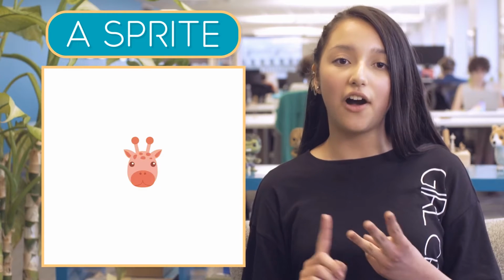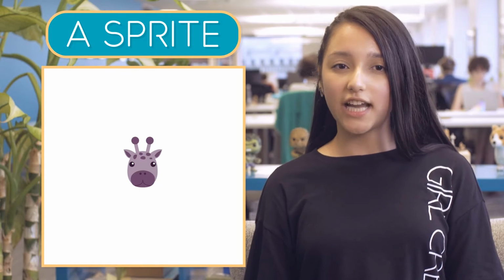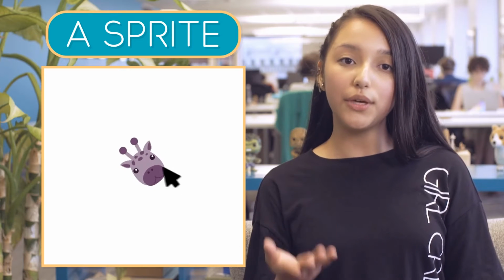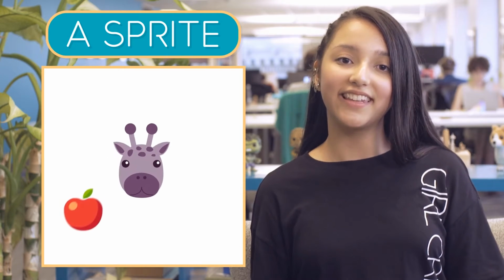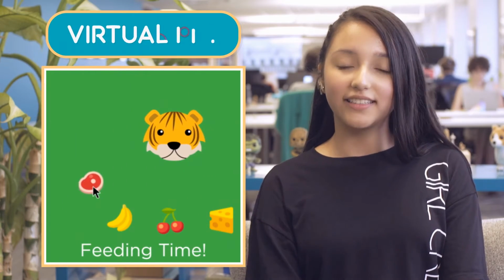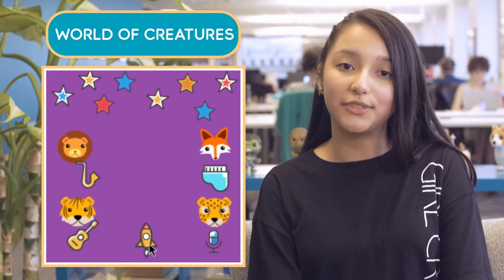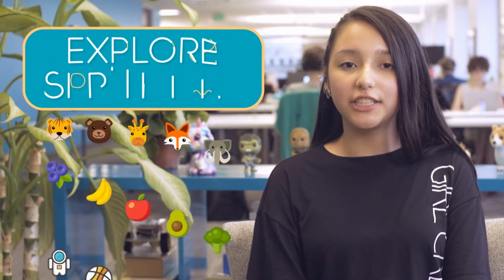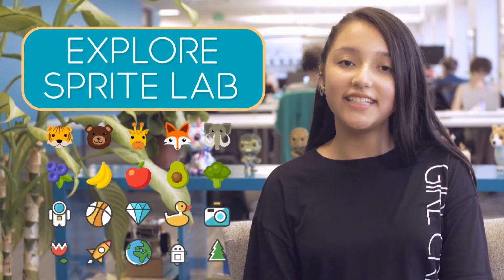With Sprite Lab, you can change different aspects of a sprite, like its costume, location, and color. You can also change how a sprite behaves on the screen. Sprites can also interact with you or each other. You can create a dance party, a virtual pet, or an entire world of creatures that do whatever you tell them to. Now you can spend some time exploring Sprite Lab and see where your imagination leads you.